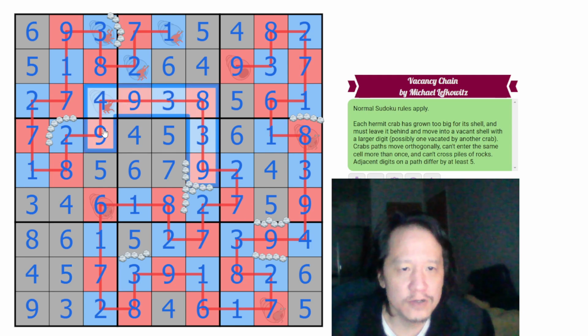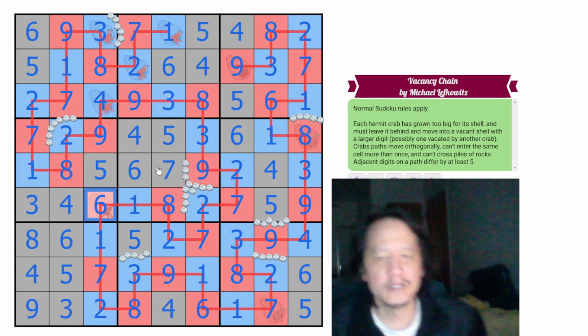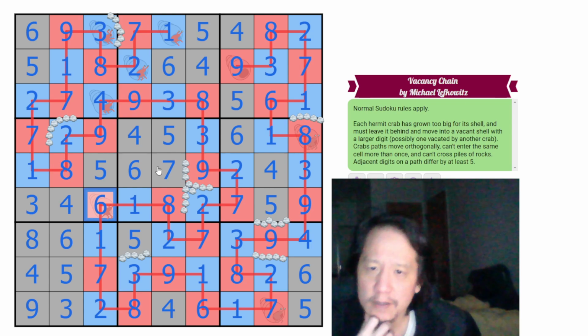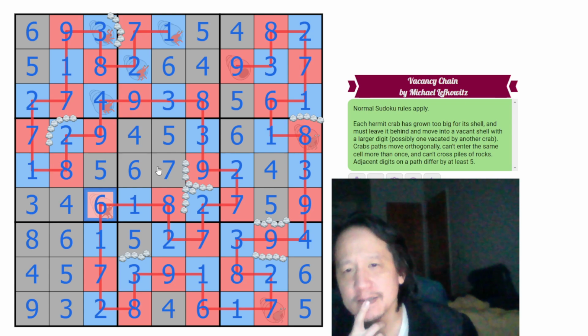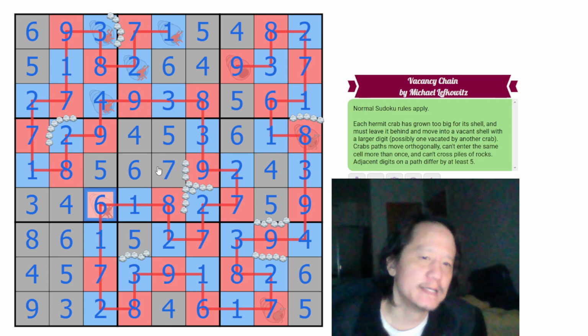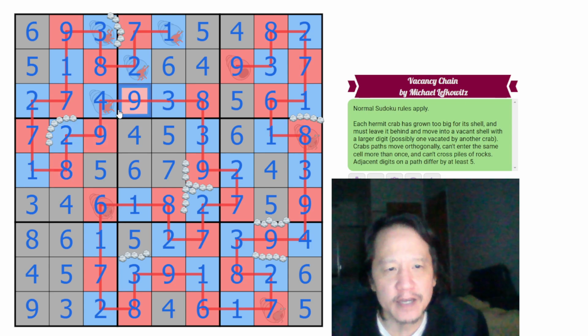Yeah, it took a little while to get through to understand the restrictions that we had. Makes a lot of sense. Yeah, it was kind of fun. Though it was a little harrowing at the beginning to not know whether you could have multiple crab paths enter the same cell.